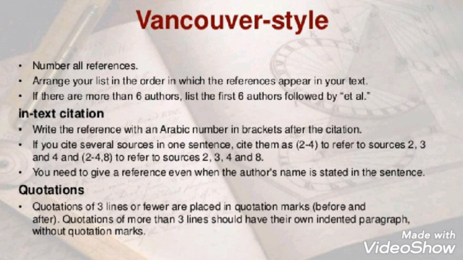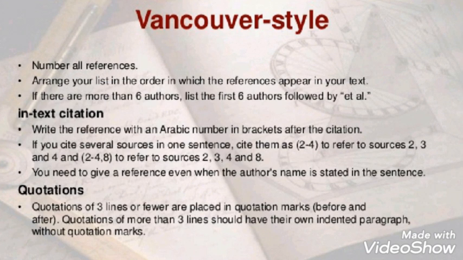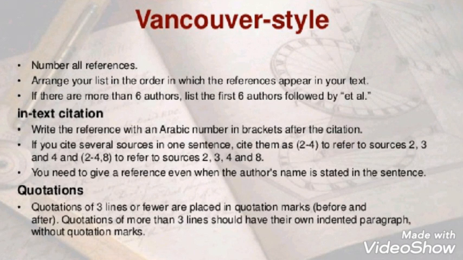Then if there are more than 6 authors, list the first 6 authors followed by et al. So if your book has more than 6 authors, you should mention et al. at the end. Then in-text citation. Write the reference with an Arabic number in brackets after the citation.